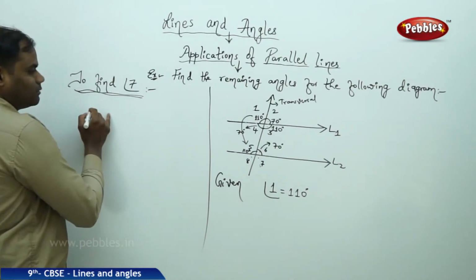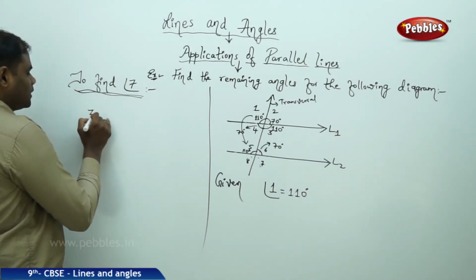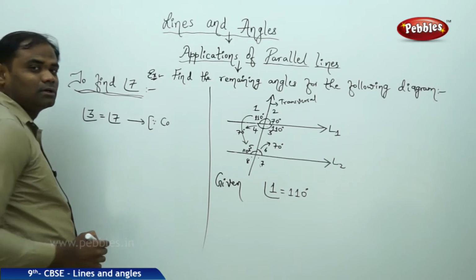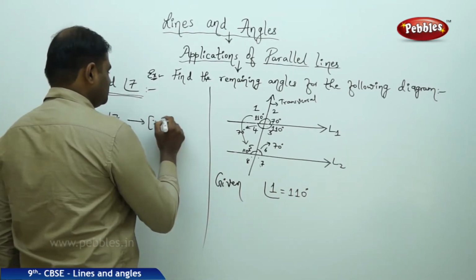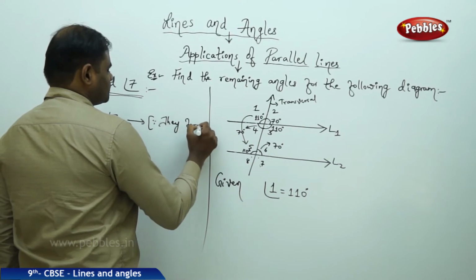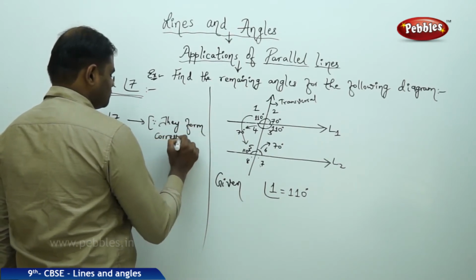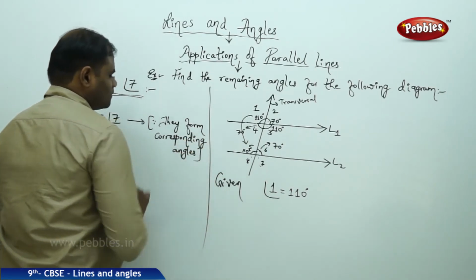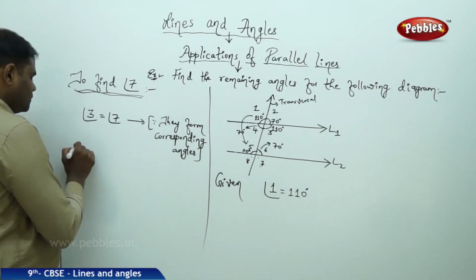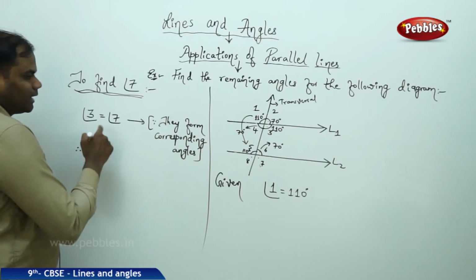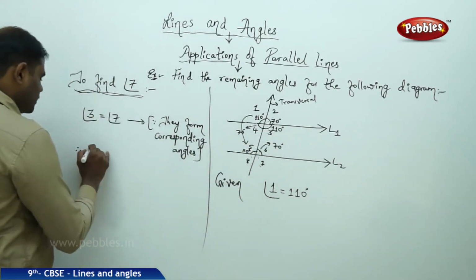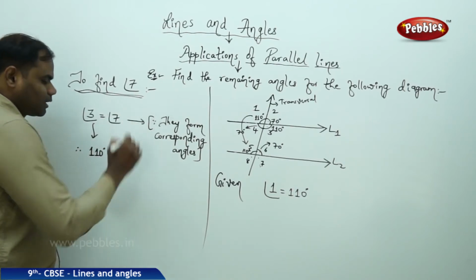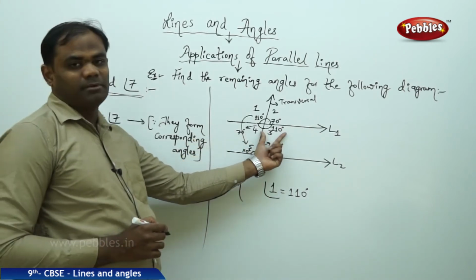Now, since 3 and 7 are corresponding angles, angle 3 must be equal to angle 7, since they form corresponding angles. Therefore, angle 3, which is 110 degrees, equals angle 7, which is already known from the previous case.